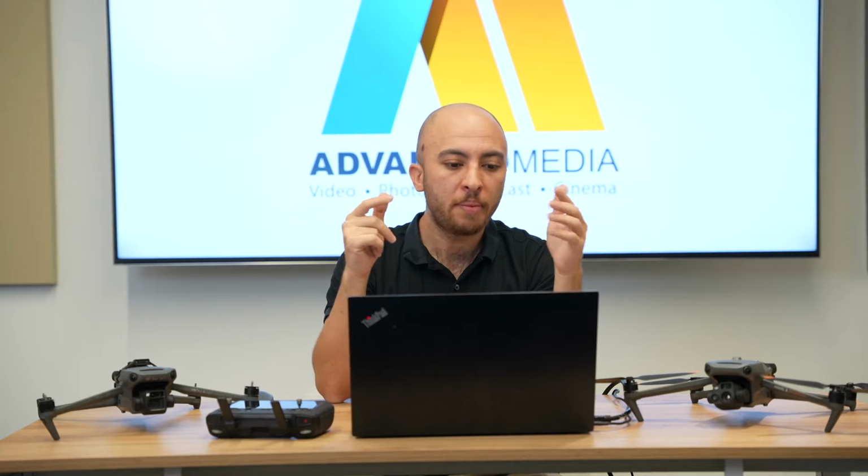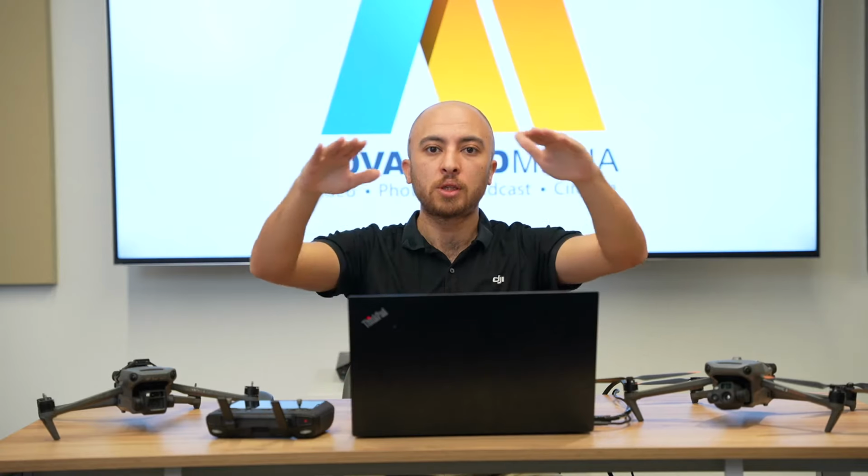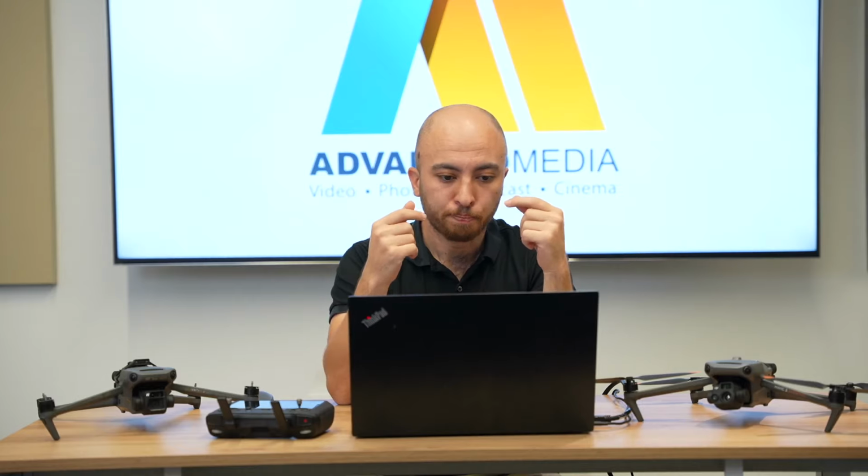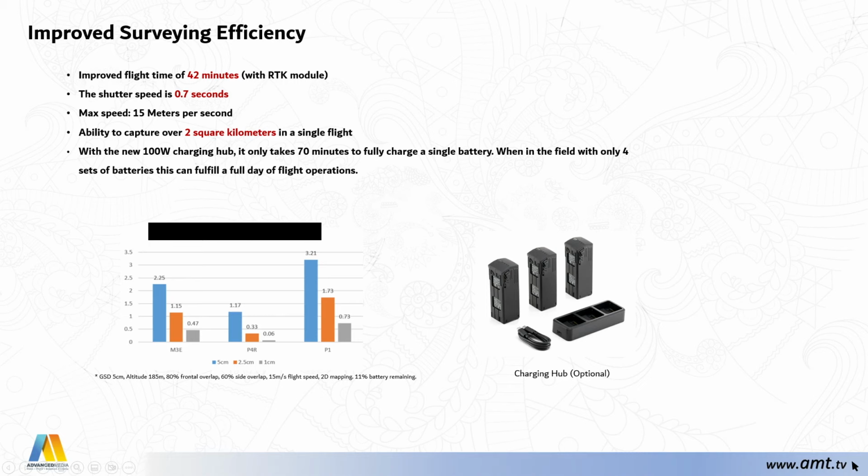The good thing is, since the batteries are bigger now, you will be able to fly it up to 43 minutes. That means you will be able to cover 2 square kilometers per flight. And if you have the charging hub, it will charge up to 3 batteries at the same time. So that means you will increase the distance that can be covered with a drone in a single project.